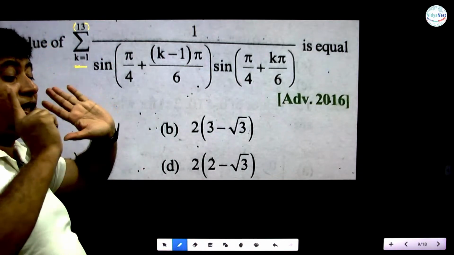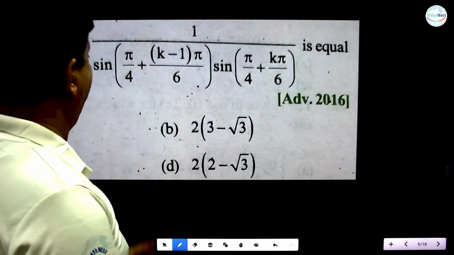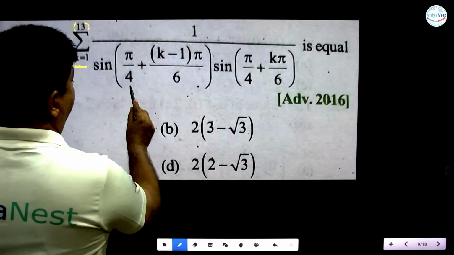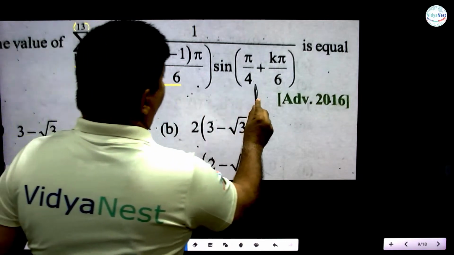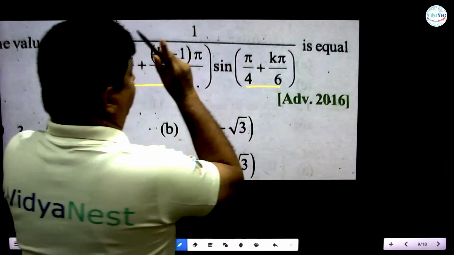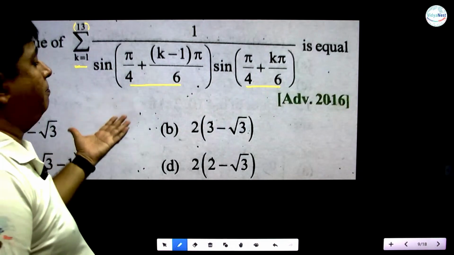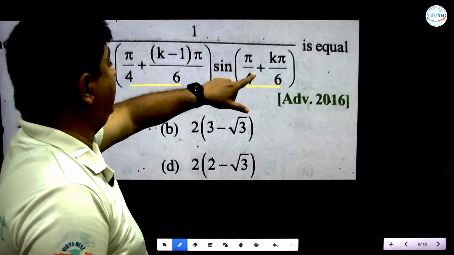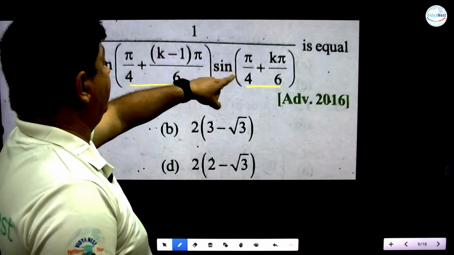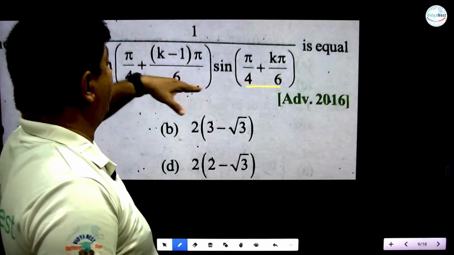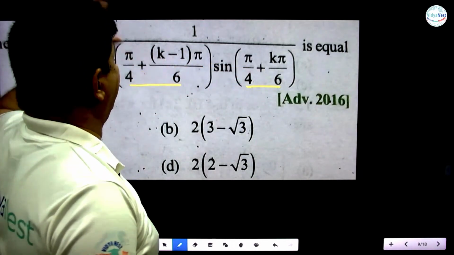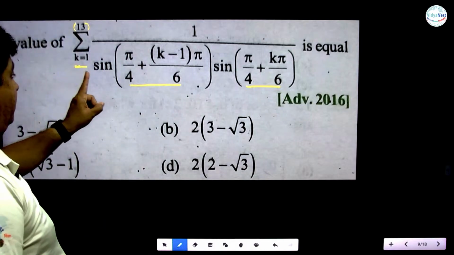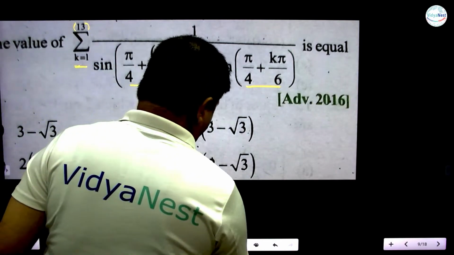Then what trick to be followed? In that case, you have to take the difference of the angle of both sides. It is so simple. Let us find the difference of angle of both sine ratio.